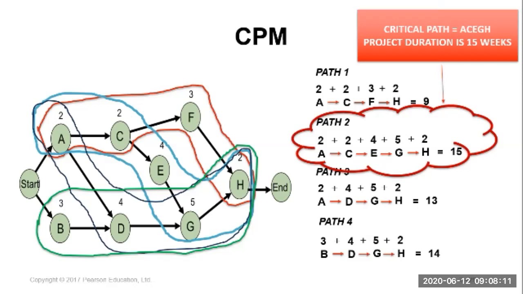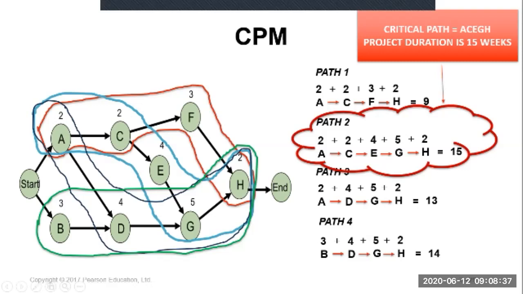It's near to 15. The project completion time is 15 weeks, not 20, not 25, not 24, not 23. The critical activities, the critical path, is A, C, E, G, H.